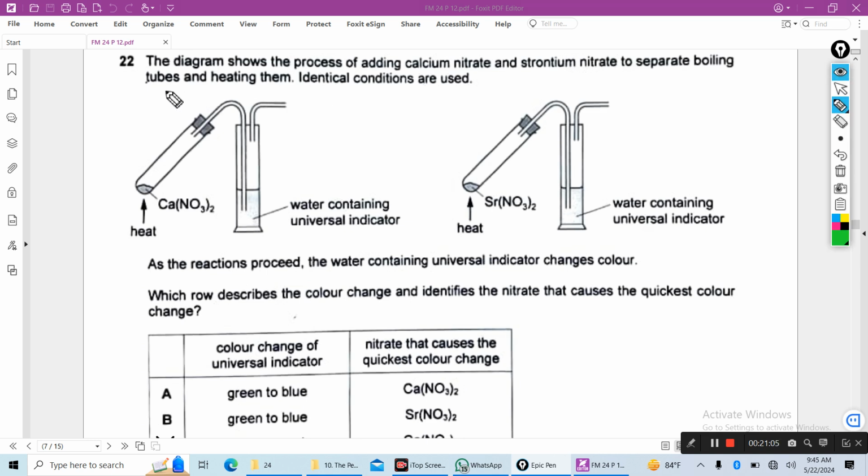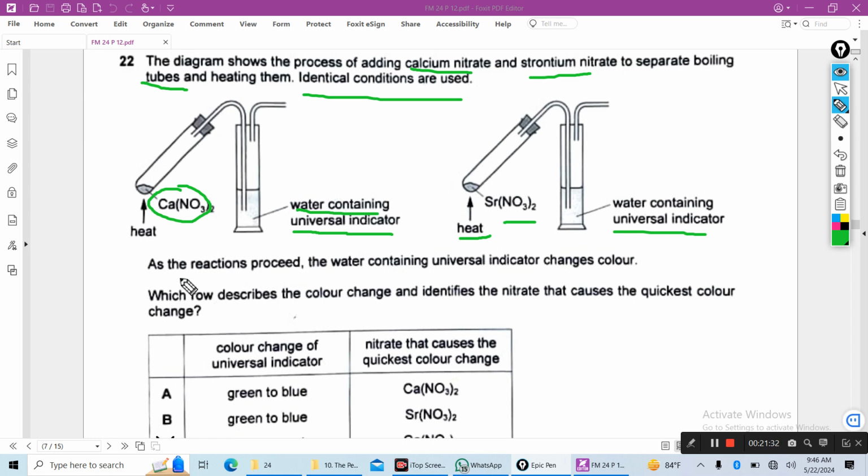(22) The diagram shows the process of adding calcium nitrate and strontium nitrate to separate boiling tubes and heating them. Identical conditions are used. Calcium nitrate is heated, with water containing universal indicator, and strontium nitrate is heated, with water containing universal indicator.